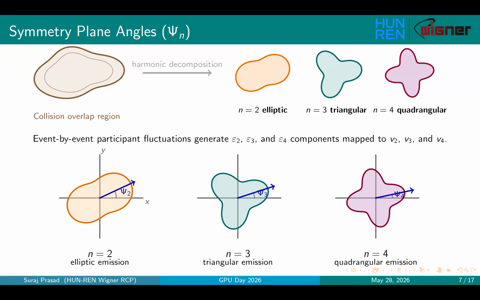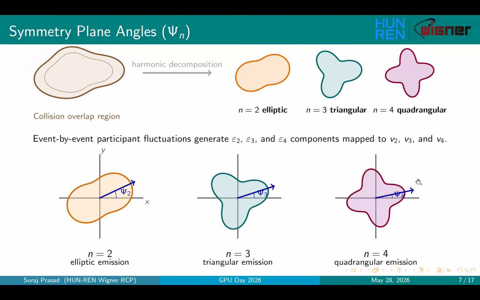So the triangular shape I'm showing here. This is the elliptic emission, triangular emission, and quadrangular emission. If you draw a symmetry line here, the one closest to the x-axis, then we have an angle. We call it the second order symmetry plane angle, so it is called psi2. Similarly, for the triangular shape, we have psi3, and psi4 and so on.